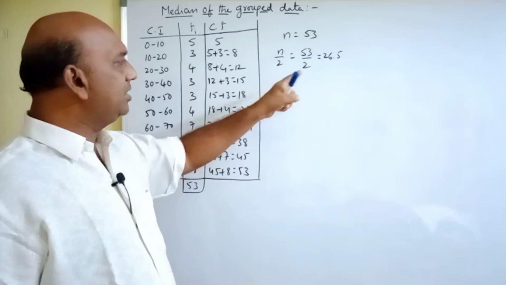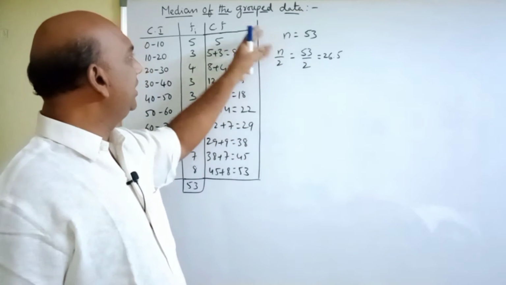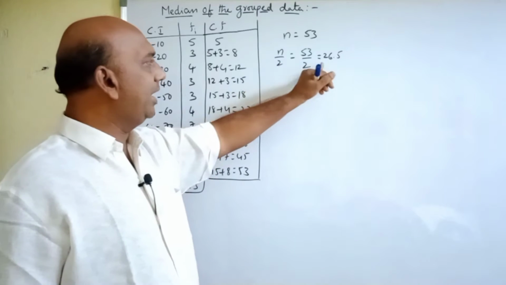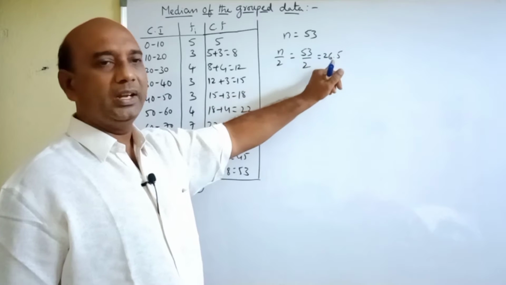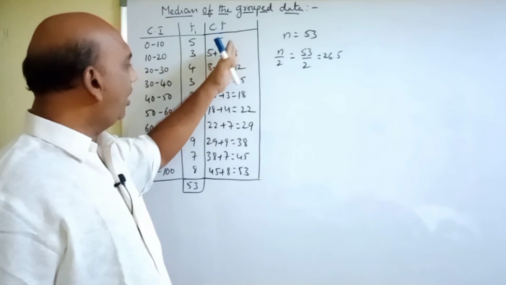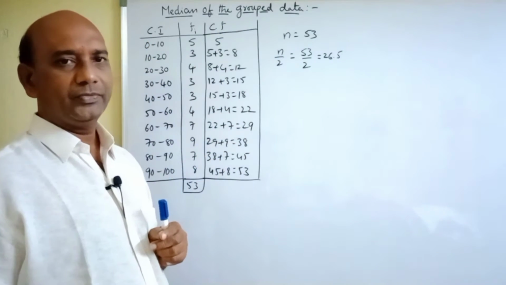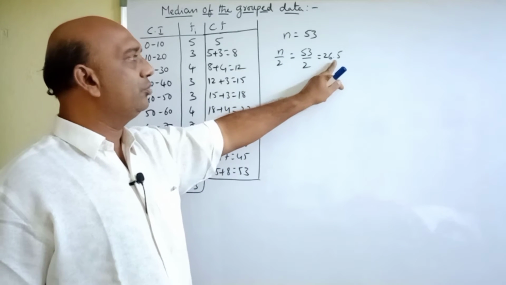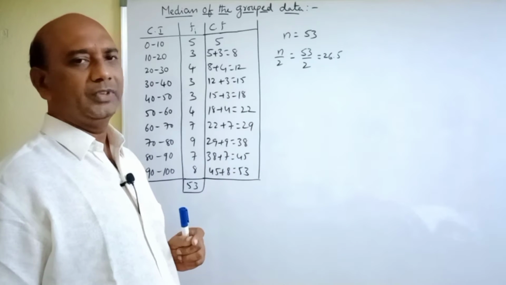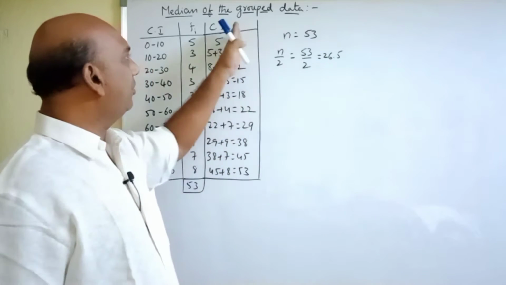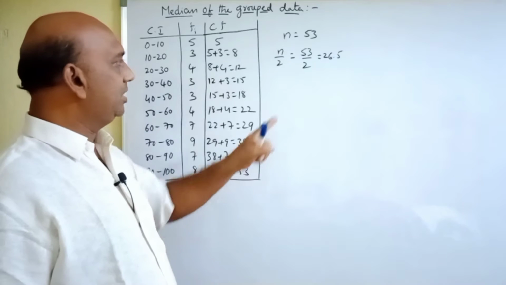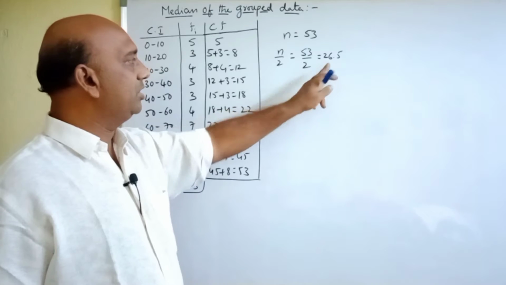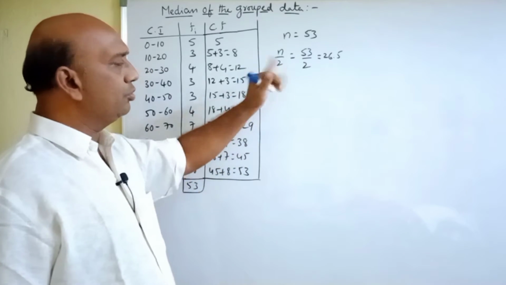Search where that 26.5 falls in the cumulative frequencies. Select the value which is just greater than 26.5, or very near to 26.5, from all these cumulative frequencies. That is 29, which is just greater than 26.5.